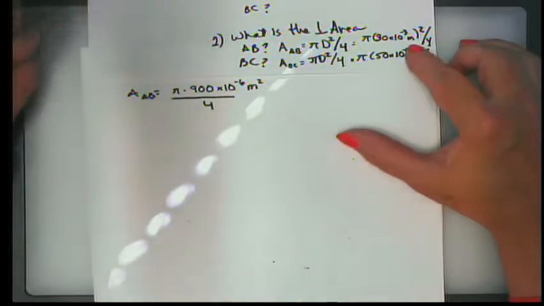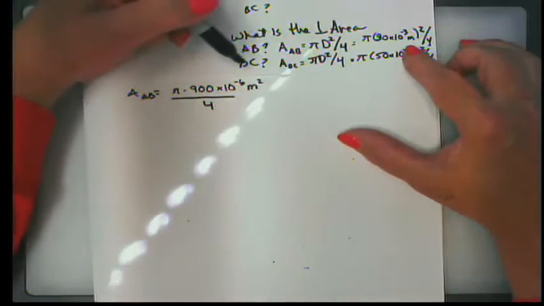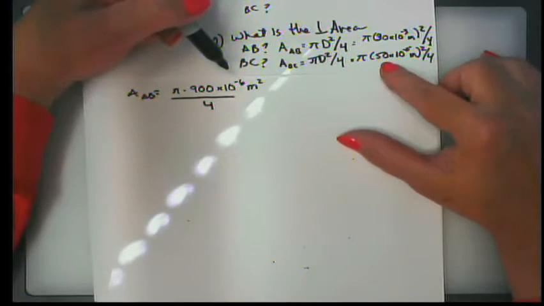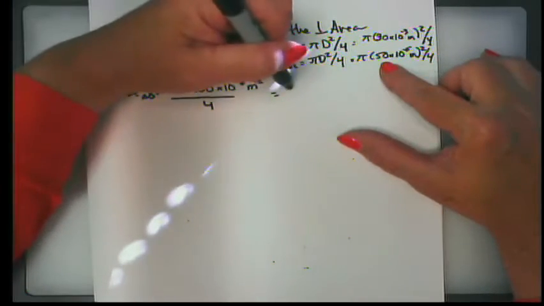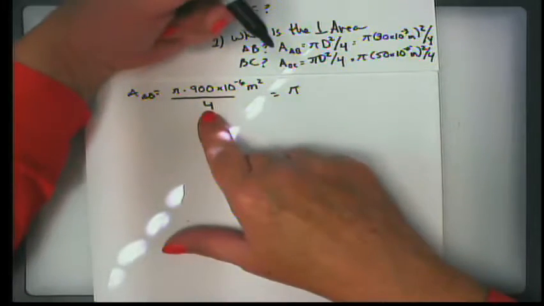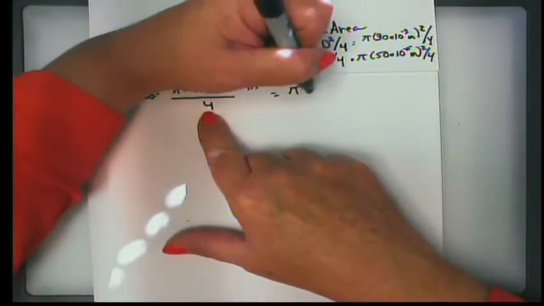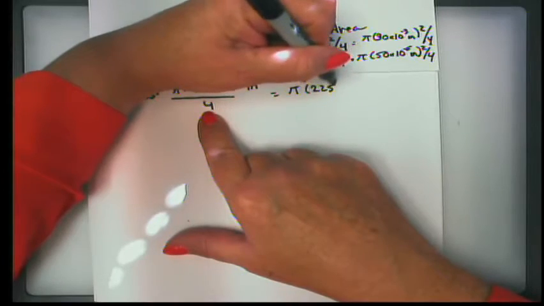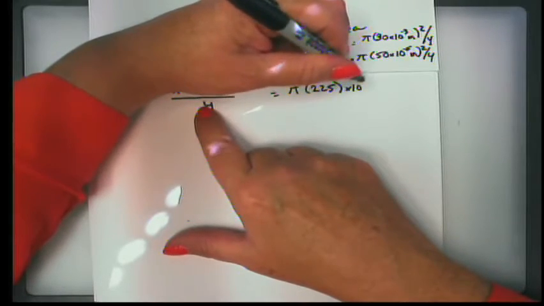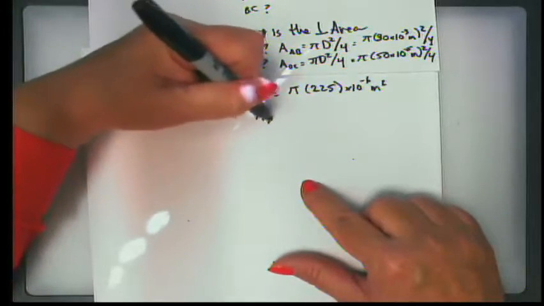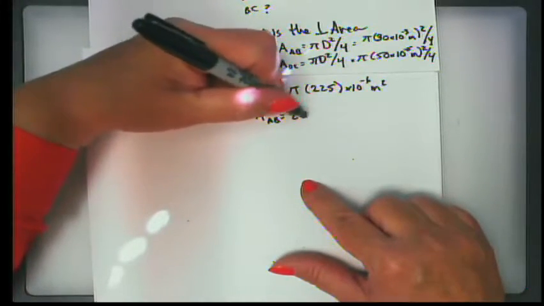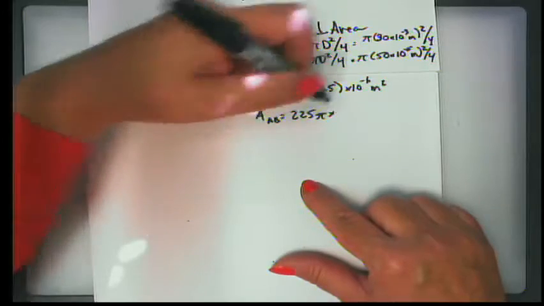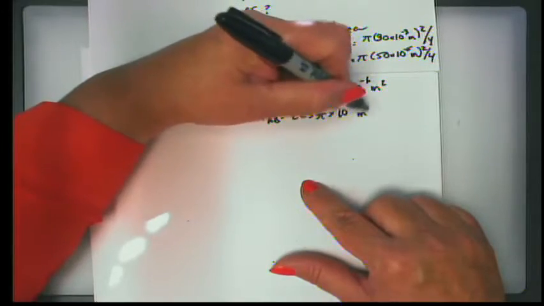Now you could use a calculator and pull this off pretty quickly. So this is going to be pi times 900 divided by 4, which is 225 times 10 to the minus 6 meters squared. Or I could just write this as 225 pi times 10 to the minus 6 meters squared is the area of AB.